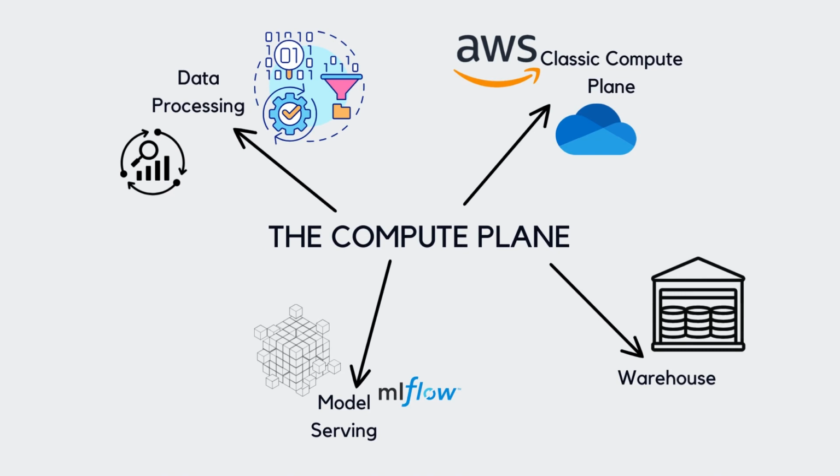Now come to the compute plane. The compute plane consists of the components of data processing, classic compute plane, warehouse, and models, and MLflow. Data processing is the activity of running various queries and processing data against the Spark cluster.